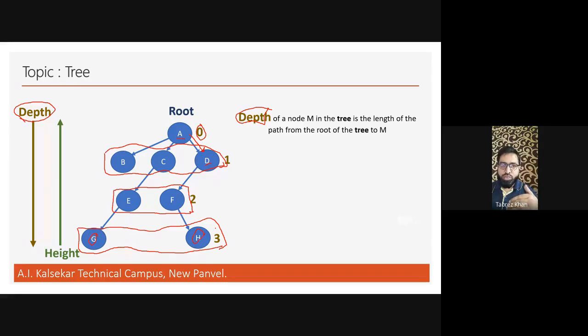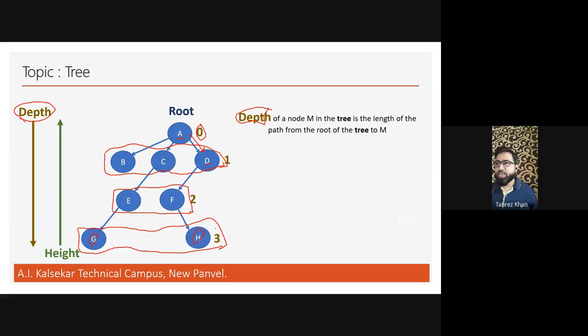Then the nodes after the root have the level of 1, and so on. An important thing: all the nodes on the same level have the same depth. So that is the meaning of depth.